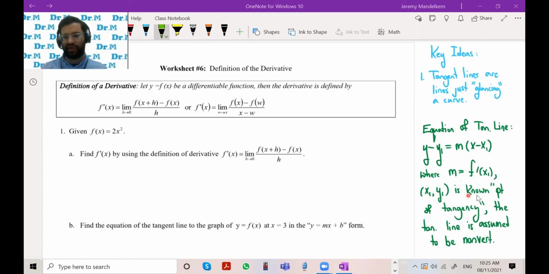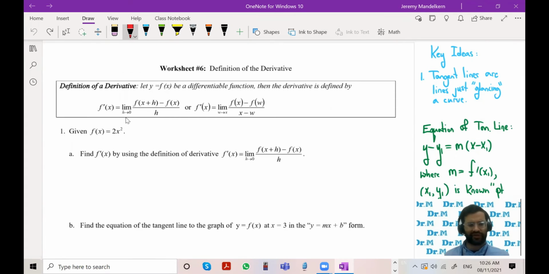Here, x1, y1 is a known point of tangency, and this tangent line is assumed to be non-vertical. Of course, if the tangent line was vertical, we would not use a point-slope form. We would use the equation x equals some constant, where the constant is nothing but the x value of the point of tangency. Let's try this first one.